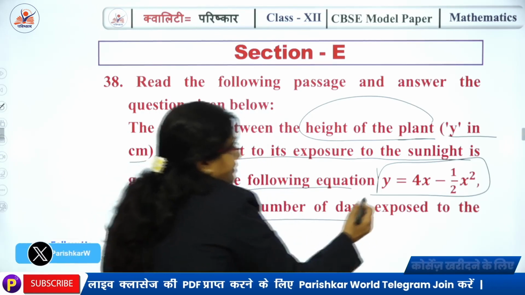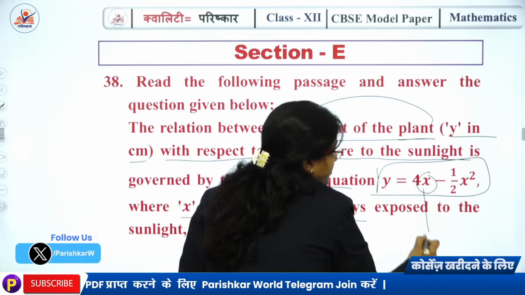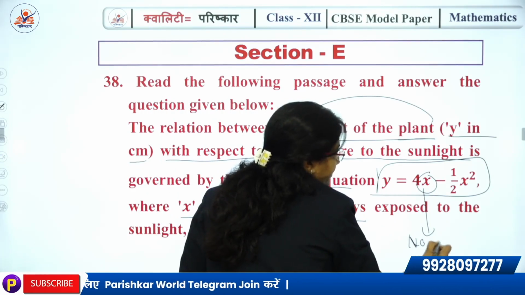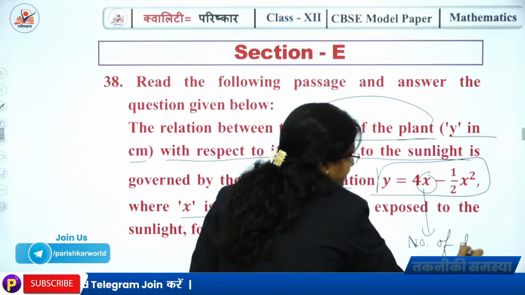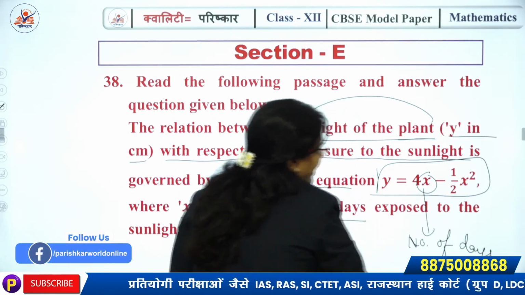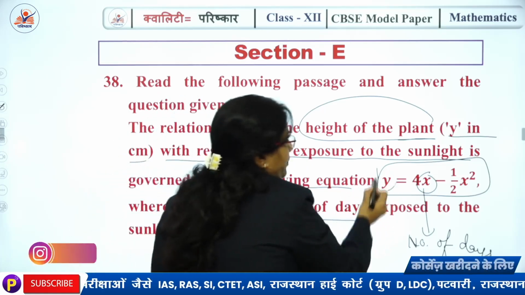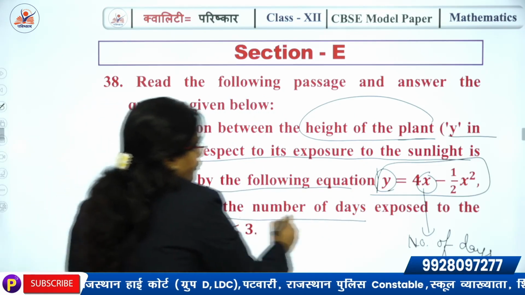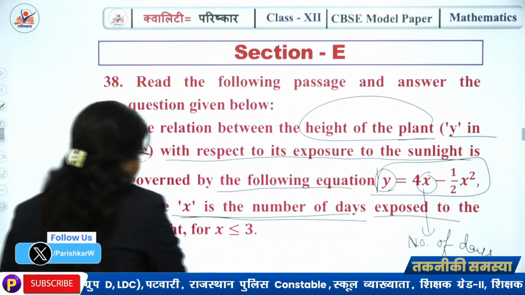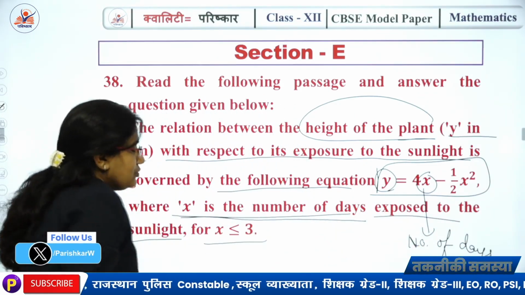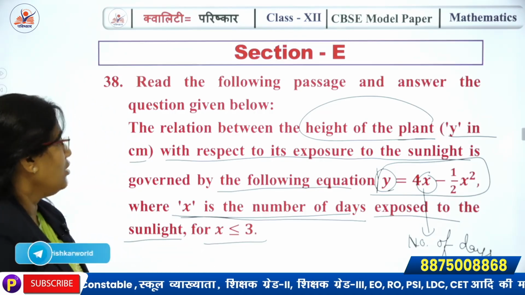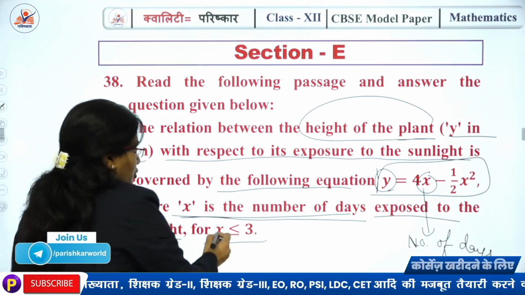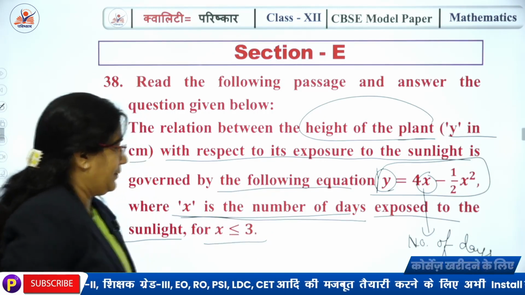That means in this equation x represents the number of days and y represents the height of the plant. Where x represents the number of days exposed to the sunlight for x less than or equal to 3. Meaning the plant has been in the sunlight for either 3 days or fewer.